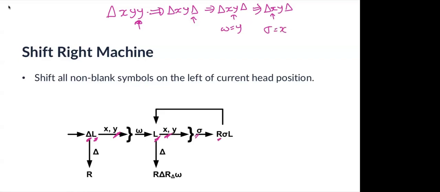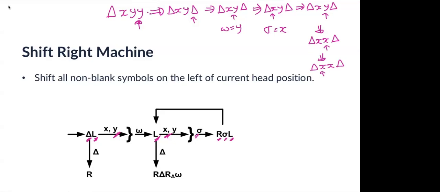Next, we do r, which means we are in y right now. We overwrite it with sigma, so it is an x. Sorry, we are still in this position. And then now we move to the left.